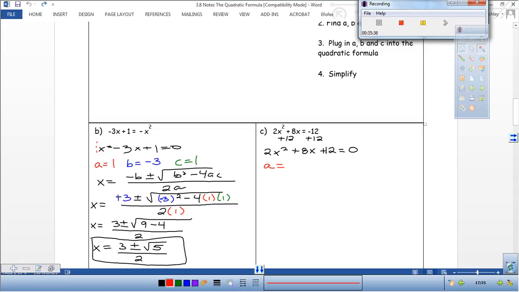Frank, what's my a value? All right, the number in front of the x squared is 2. Okay, Daryl, what's the b value?